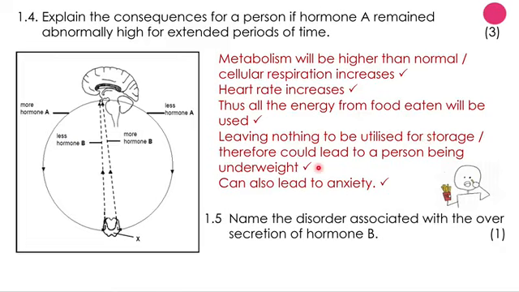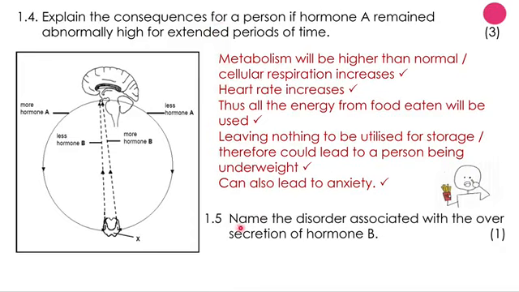So therefore this person could be underweight, and that could also lead to anxiety. Right, so I think this is some of the information from your notes that you have to know, sort of what are the effects if metabolism is high and if metabolism is low. So this is the sneaky way of asking what will happen if someone's metabolism will be higher.